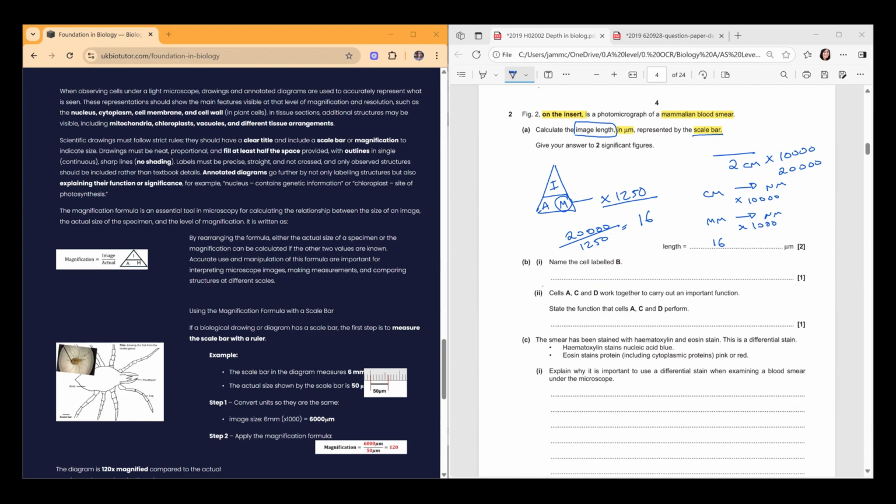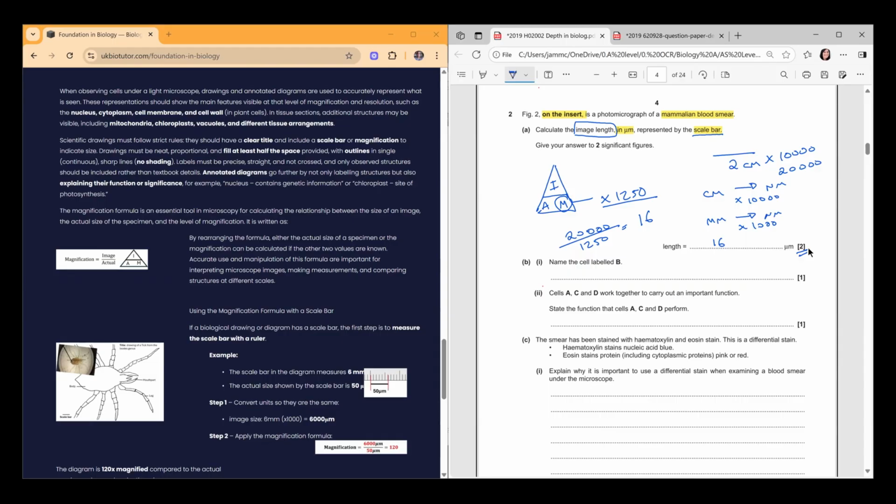So even if you get the wrong measurement like I did, I put it was 2 centimeters, I would have lost that marking point, but because I did the right calculation, I would still get the marking point. So be aware if it's worth, for example, 2 or 3 marks, show your working because that will allow you to get a mark. As long as you've done your calculations correctly, that will carry on.